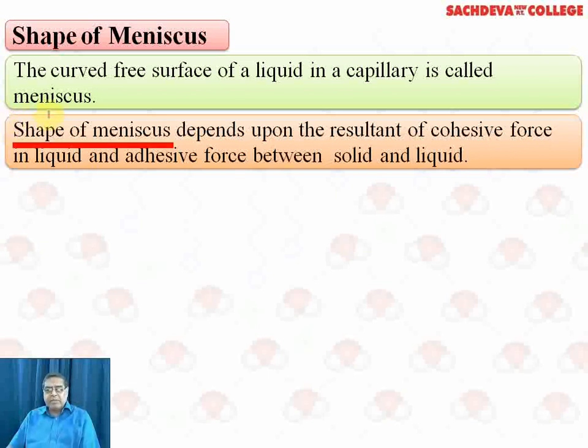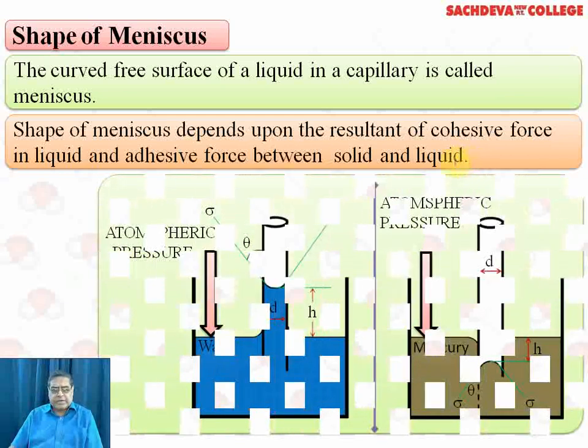The shape of the meniscus depends upon the resultant of the cohesive force in a liquid and the adhesive force between the solid and liquid. As I have explained earlier, cohesive force means the forces among the same type of molecules, whereas adhesive force means the forces among two different types of molecules, that is solids and liquids.